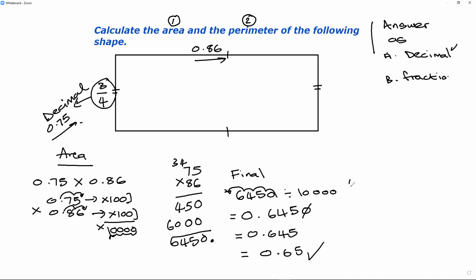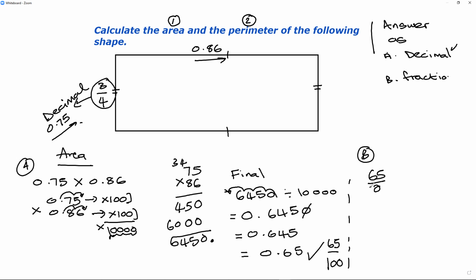All right. Now remember, if we have to write it as a fraction, all we've got to do is put 65 over 100 and then simplify it. So this is A as a decimal. Now I'm going to write B as a fraction. So the answer would be 65 over 100.